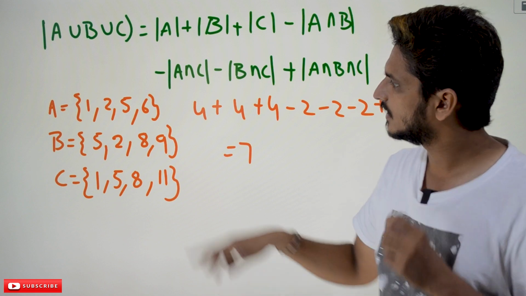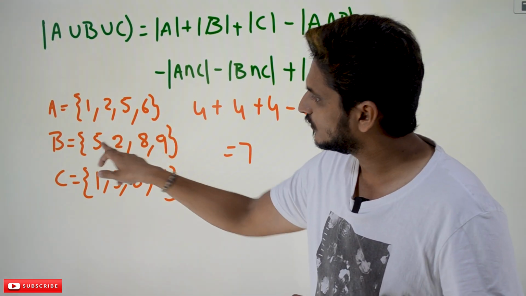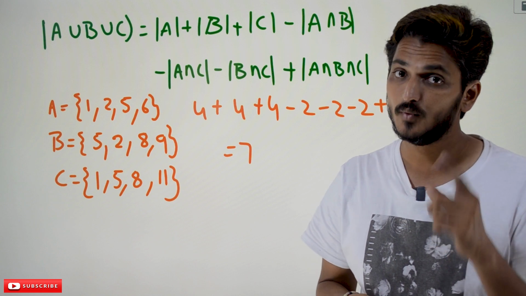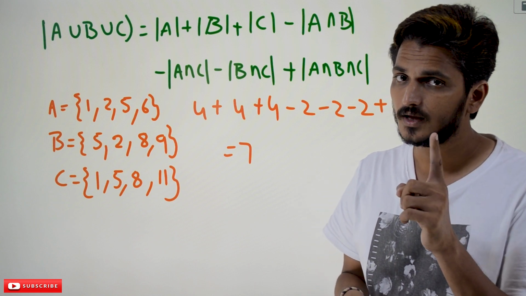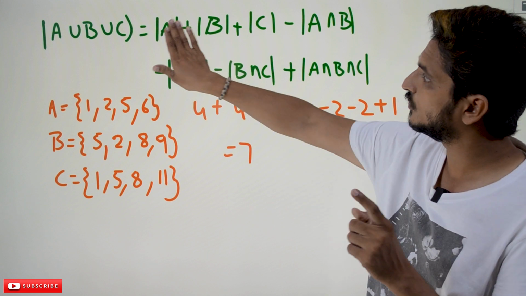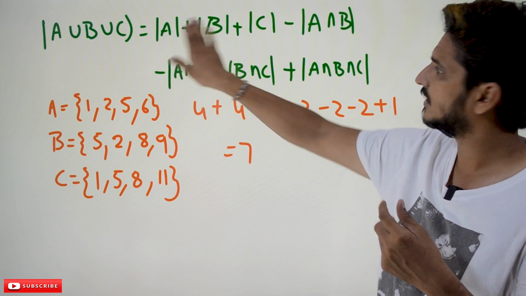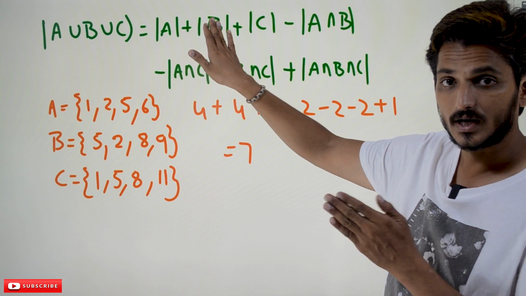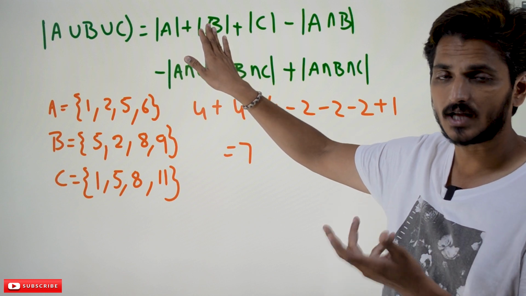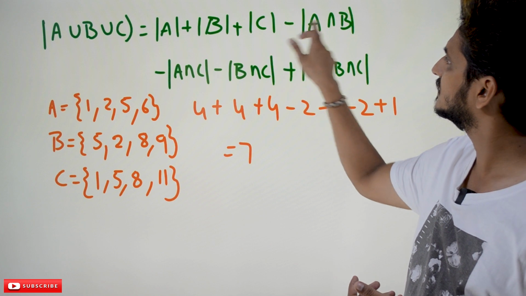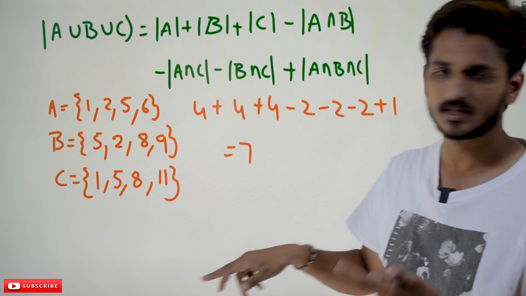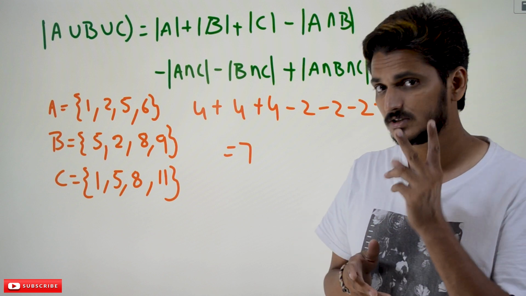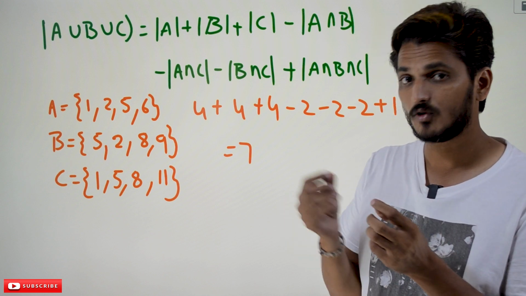But the thing is, 2, 5 are common in both the sets A and B. We need to write only one time. So 2, 5 is counted here and 2, 5 is counted here. Remove the count one time. That's why minus A intersection B. A intersection B means 2, 5, so the number of elements in A intersection B is 2. We are removing the count one time.